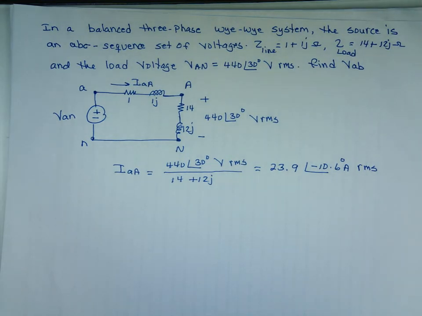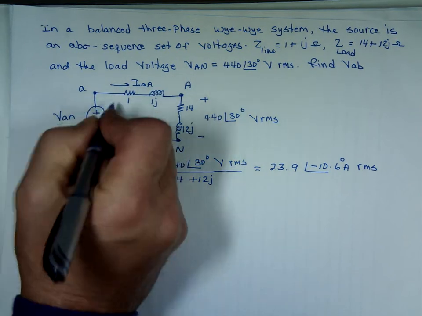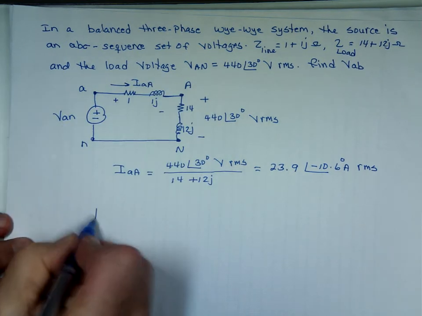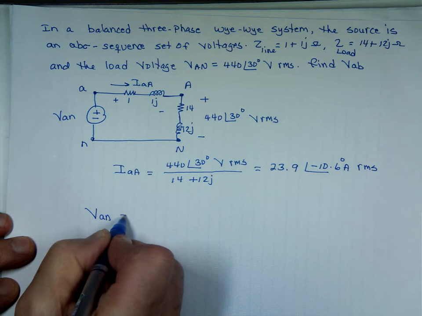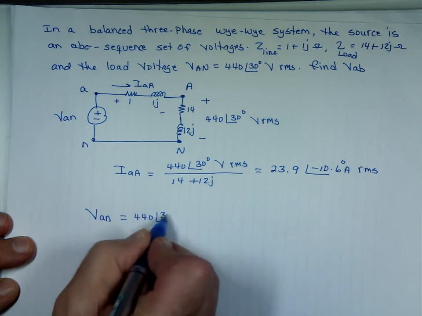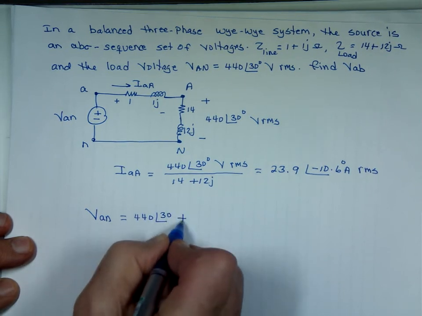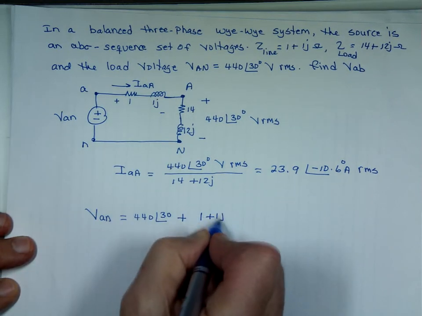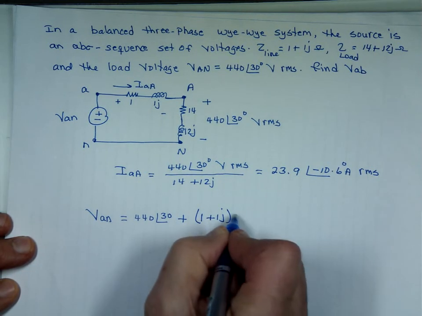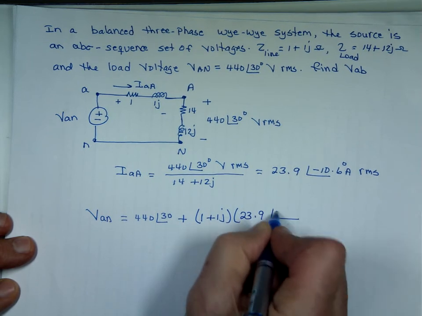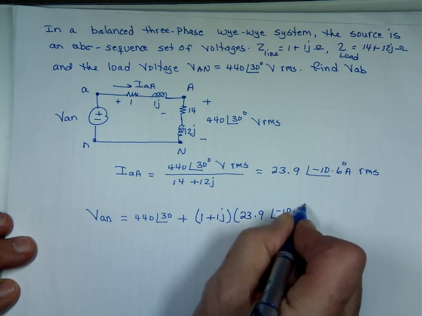Well, what's going to happen? This current going through is going to mark this plus to minus. So there's a voltage drop here. So VAN is going to be the 440 angle 30 plus the voltage drop here, which is what? 1 plus 1j times the current going through it, and that's 23.9 angle negative 10.6.